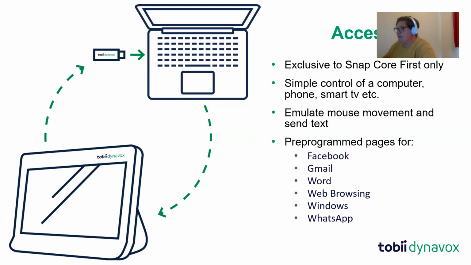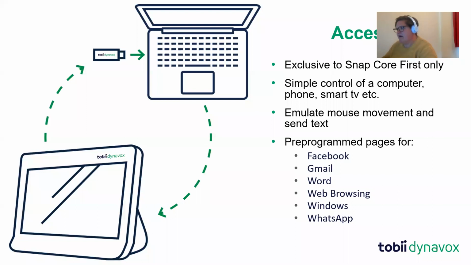If you think about a user who's still using symbol-based software, so still using Snap, but wants to broaden their use of a computer a little bit, they can do that really nicely with an Access IT.